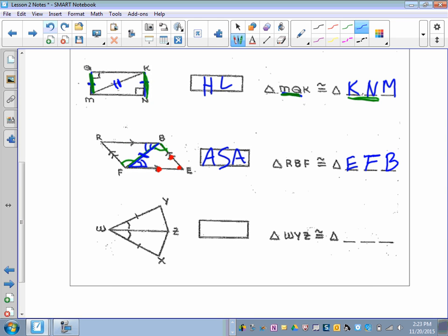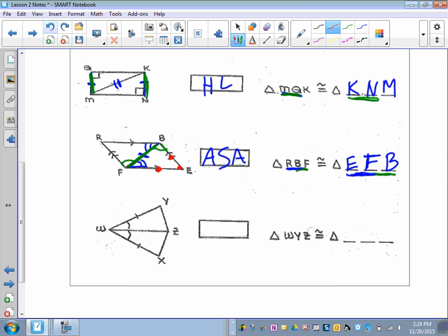So again, just because the letters are the same doesn't mean they're in the same corresponding locations. So again, side BF should correspond with FB. And side RB should correspond with side EF. RB, EF.